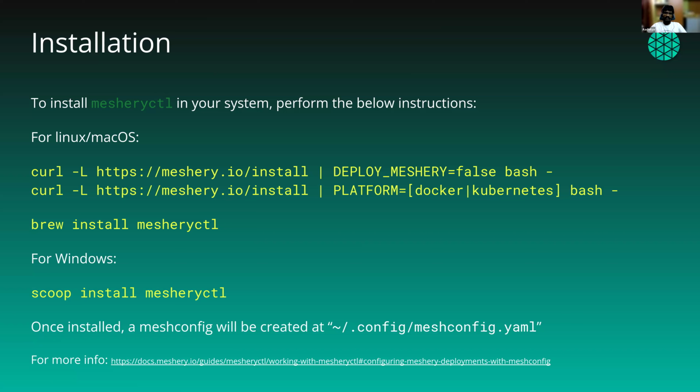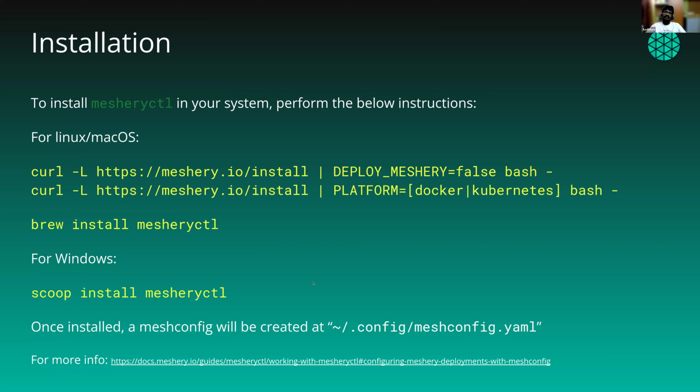So what it will do is it just installs the Meshery CTL in your system, but it will not deploy Meshery basically. However, if you do have the Docker instance or Kubernetes cluster, well and good. The second command will install both the Meshery CTL as well as install Meshery into your Kubernetes cluster or Docker, depending on whatever kind of platform you're on.